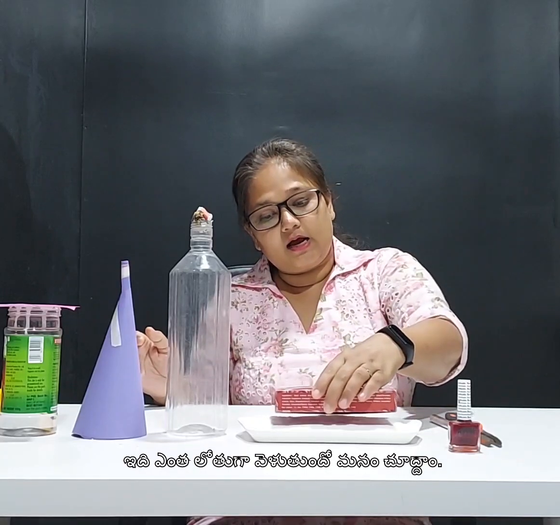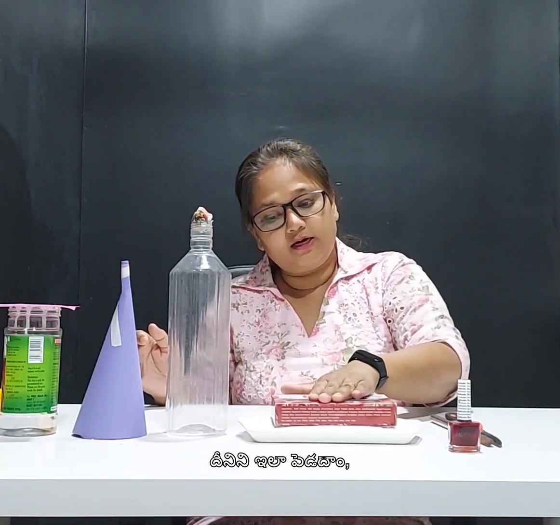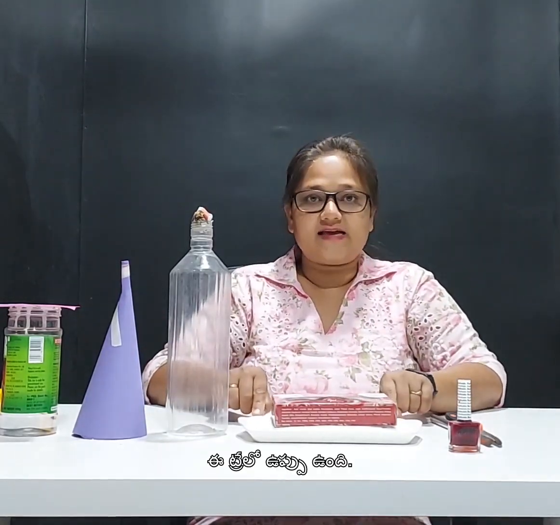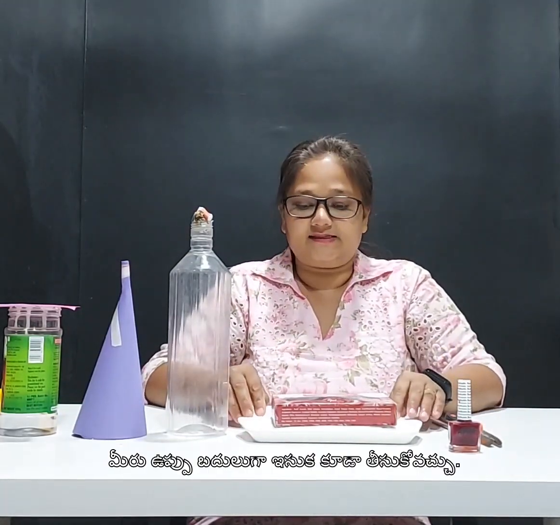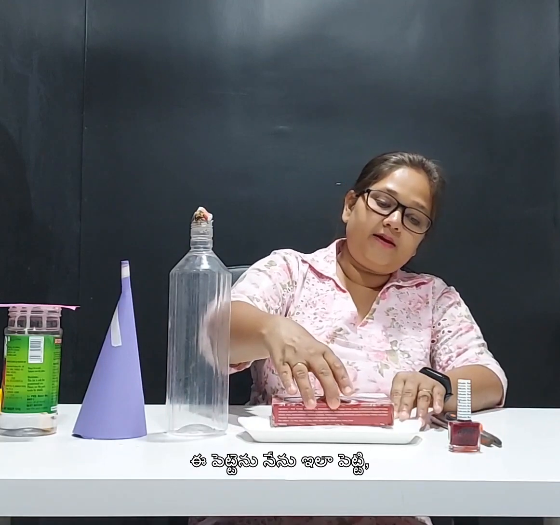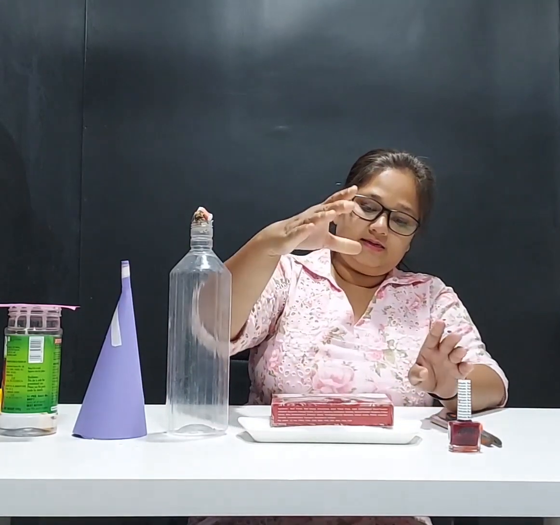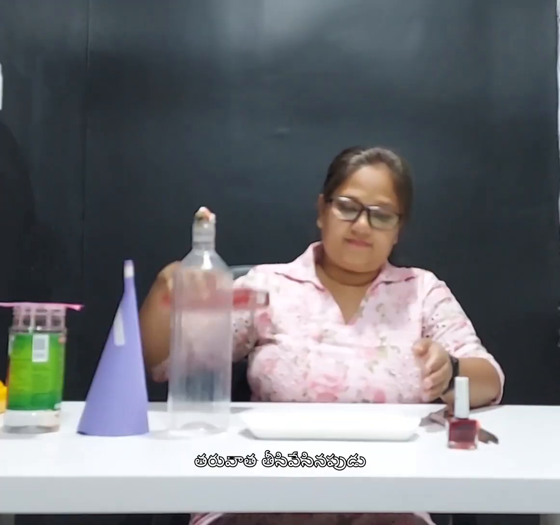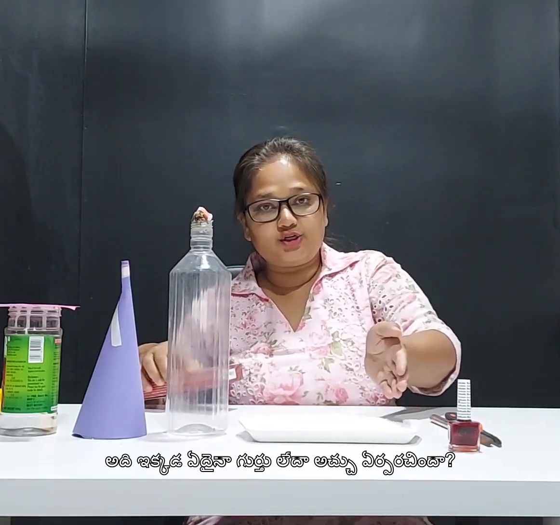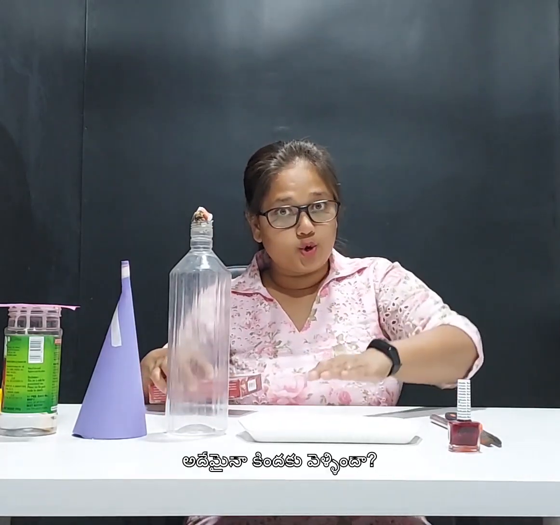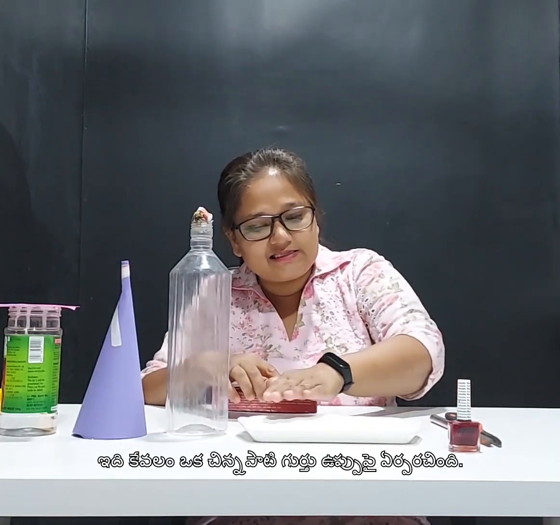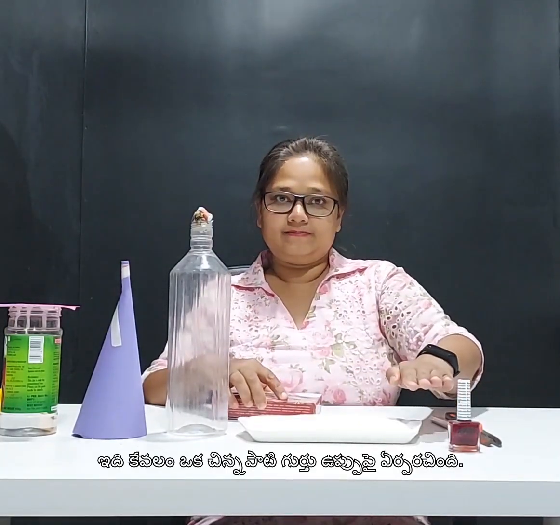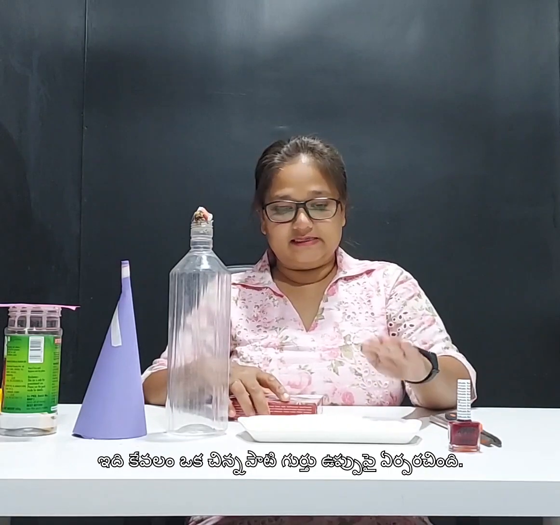Let's see how deep it goes. If I put it like this on a tray with sand, not sand, salt. You can also take sand instead of salt. If I keep this box like this and then pick it up, let's see. Does it make any indentation or mark on it, or does it go down?